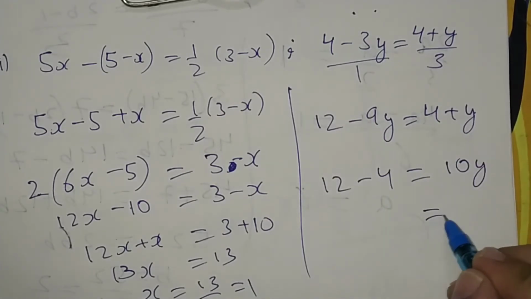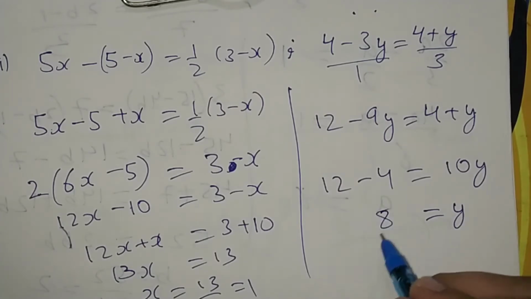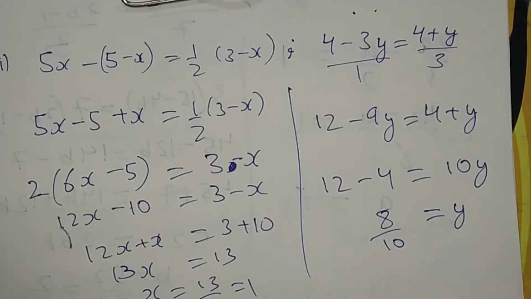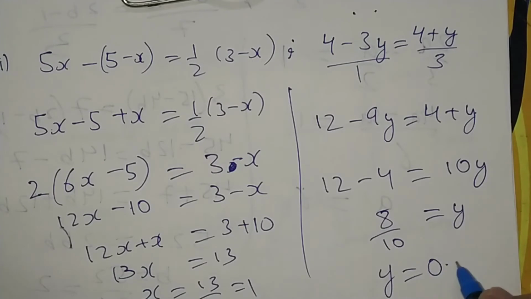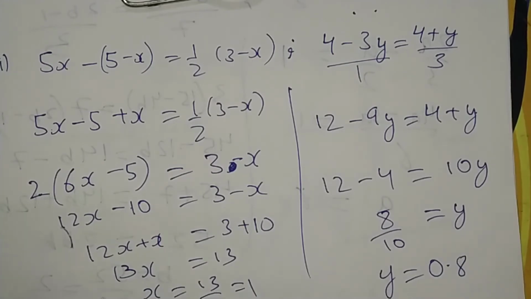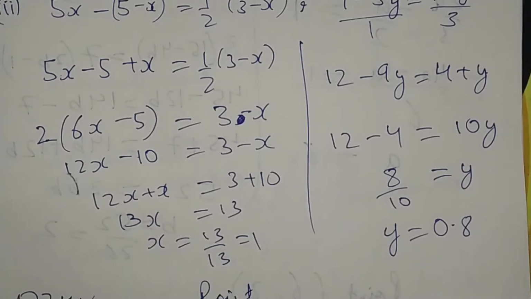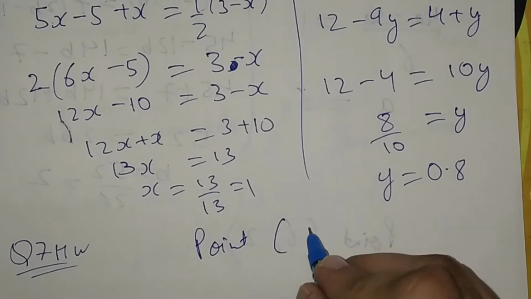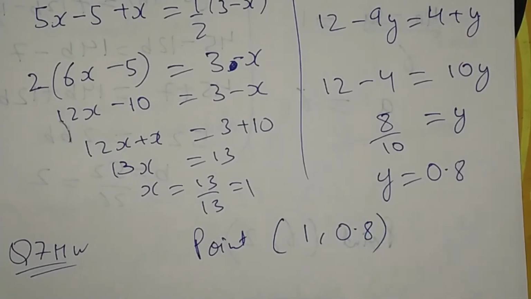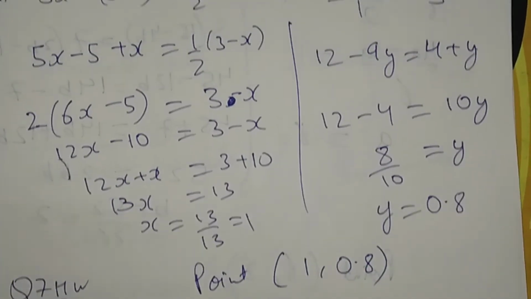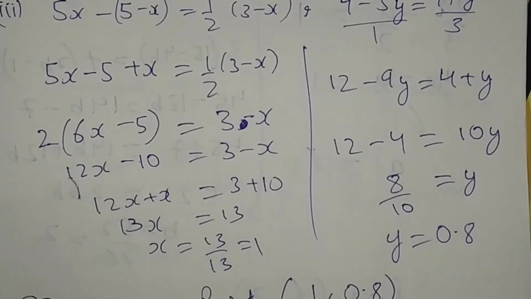From here calculate the value of y, that will be 8 by 10. y is equal to 0.8. Your point is 1, 0.8. Just note it down.